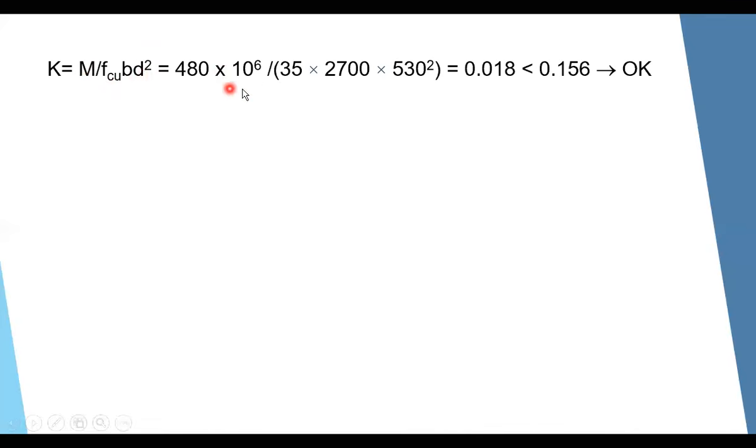Don't forget to multiply by 10 to the power 6 because we need it now in Newton millimeter. Divided by fcu, which is 35. B here is the width of the footing, which is 2.7 meter, and now we put it 2,700 millimeter. d square, where d is the depth of the footing, is 530, and again, don't forget the square here. All of this will give us a small value, 0.018.